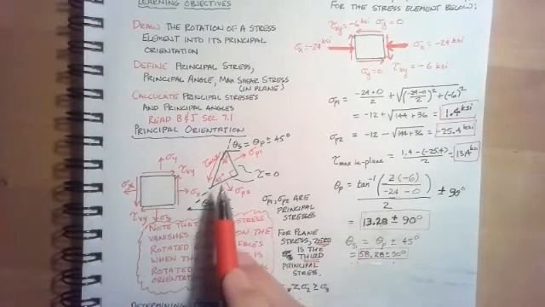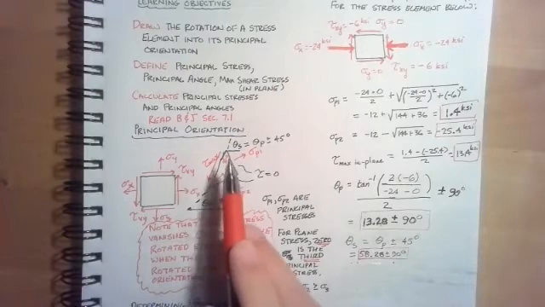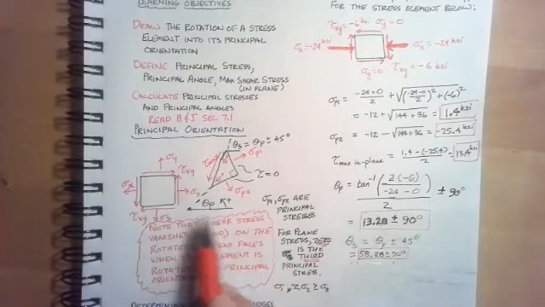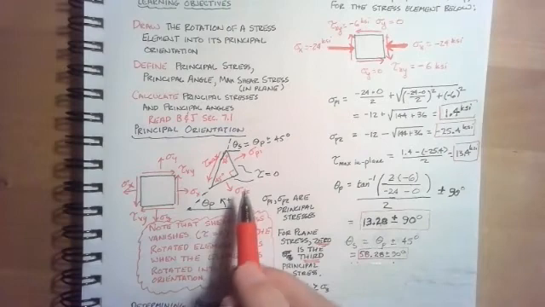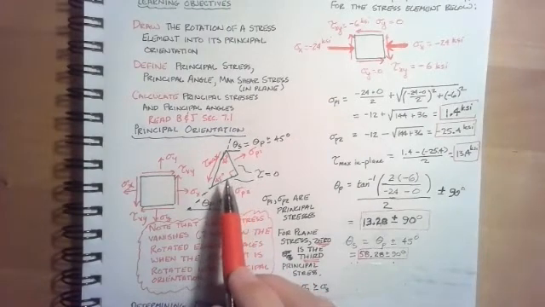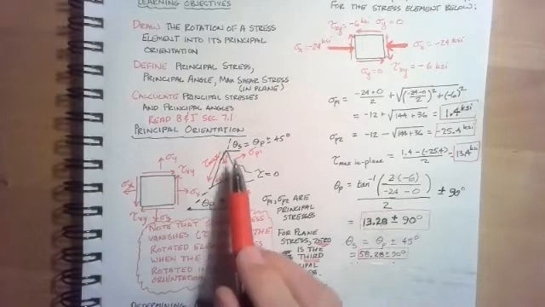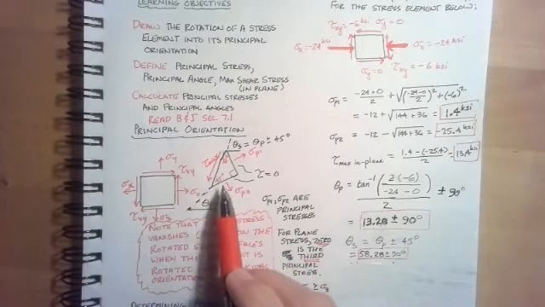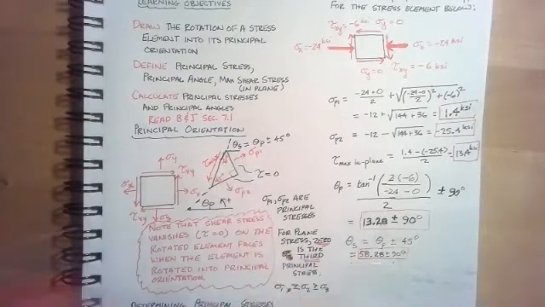As I change the orientation of the X face and the Y face through a rotation, I'll end up with different stresses. However, there's always going to be an orientation where the shear stresses go away. And when the shear stresses go away, the stresses on the element face are the principal stresses.